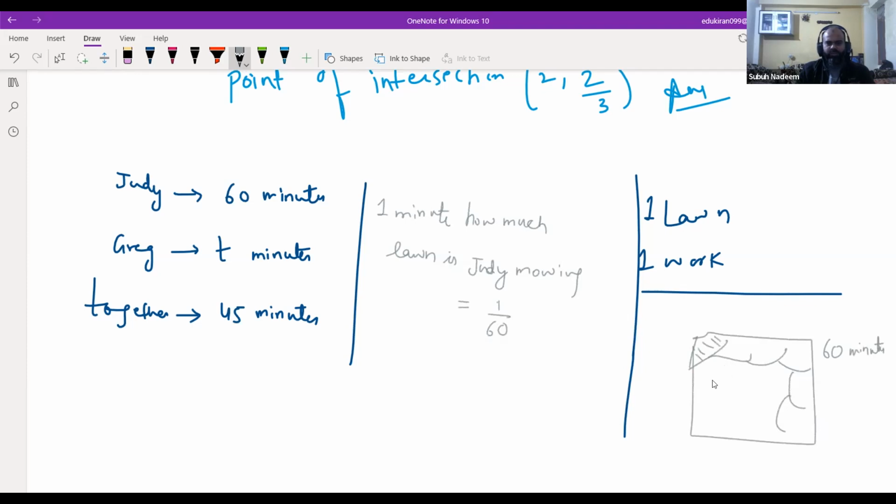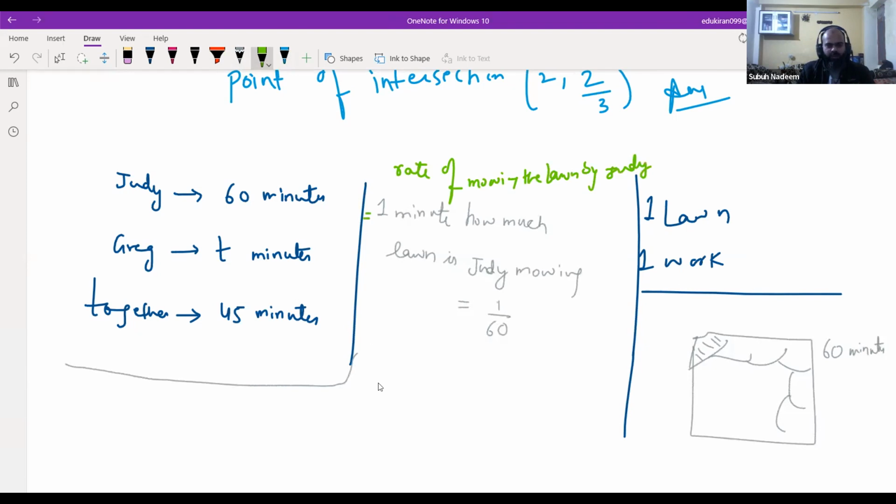Total is 1, and she takes 60 minutes to mow the whole lawn, so in 1 minute she is mowing 1/60 of the lawn. That is what they call the rate of mowing the lawn by Judy: in 1 minute, how much of the lawn is she mowing?